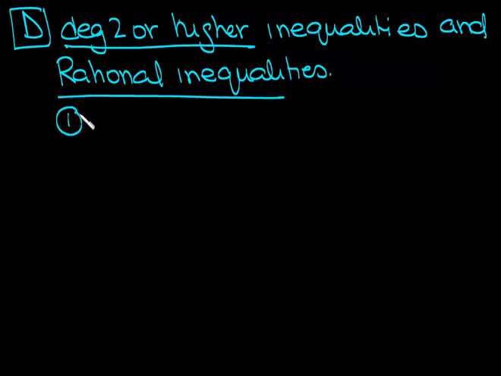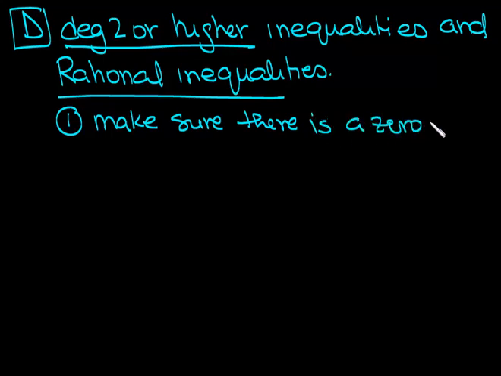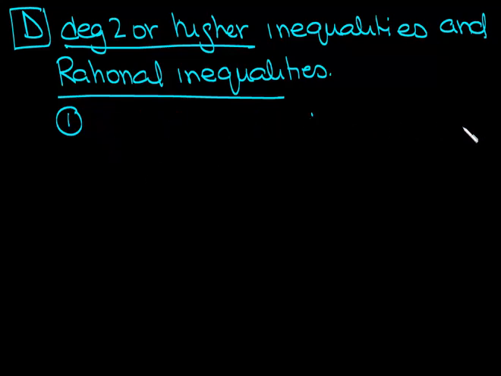So the first thing we want to do is we want to make sure there is a 0 on the right hand side. Actually, let's write it this way. We want to move everything to the left hand side.